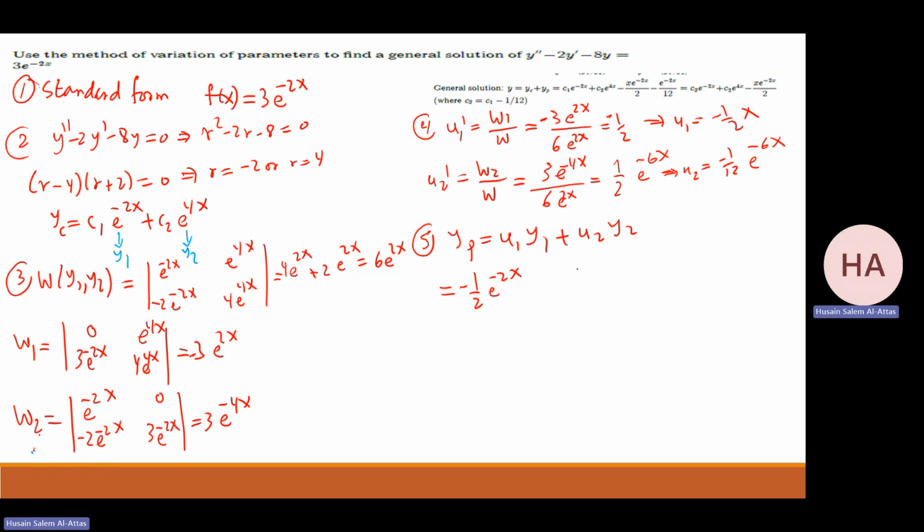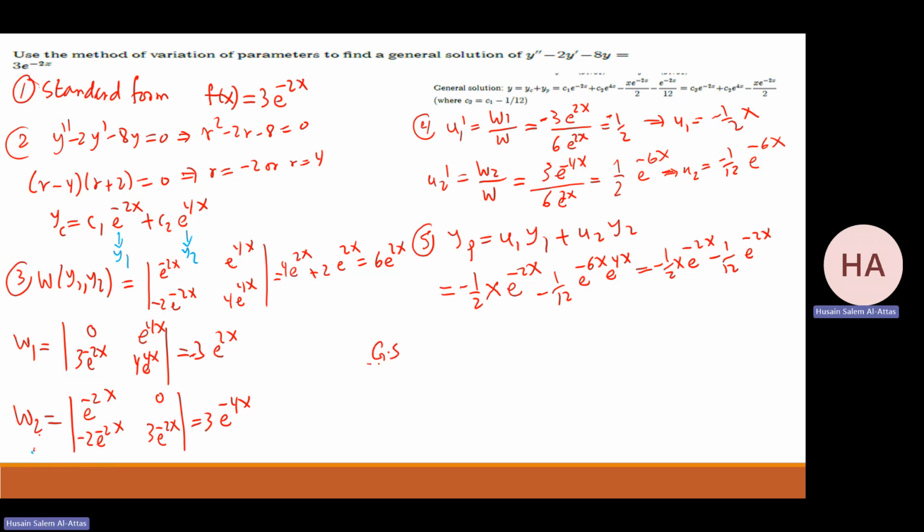And Y2 is e to the 4x, so I have minus 1 over 12 e to the minus 6x times e to the 4x. So I have minus half x e to the minus 2x, minus 1 over 12 e to the minus 2x. That will be YP.